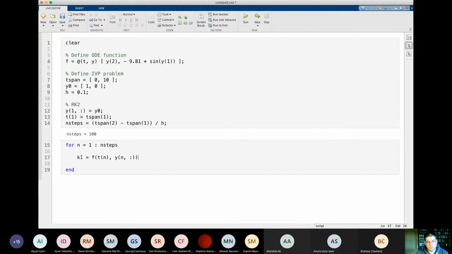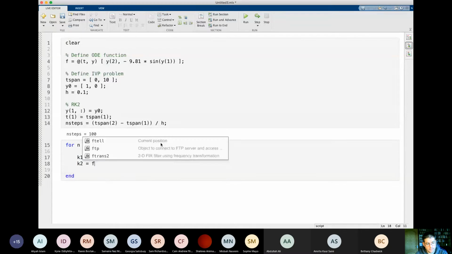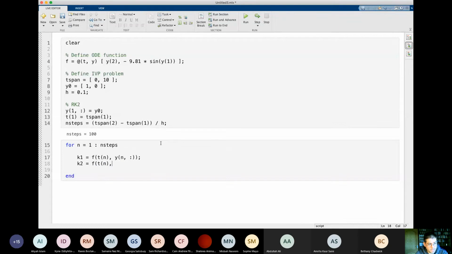So K1 is now going to be a 1×2 array, and K2 for this Runge-Kutta method is f of t plus h and yn. Remember, instead of yn, I've got the whole row of y plus h times k1. Oops, forgot the times. Those are my stage values.